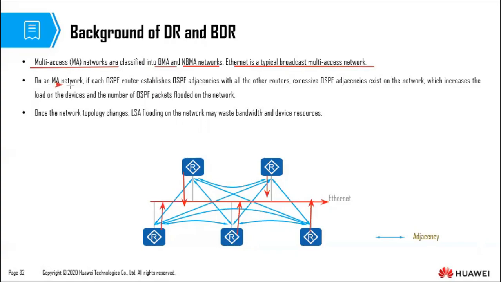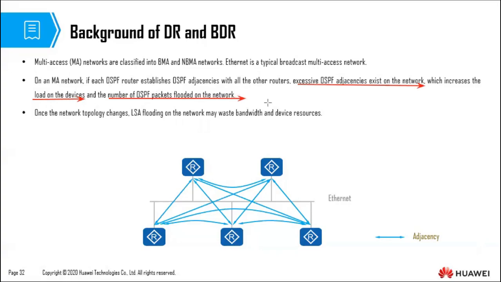So on multi-access networks, if each OSPF router establishes OSPF adjacencies with all the other routers, then we're going to have a problem. One problem is that we're going to have excessive OSPF adjacencies on the network, which will increase the load on the devices and also the number of OSPF packets that are flooded on the network.